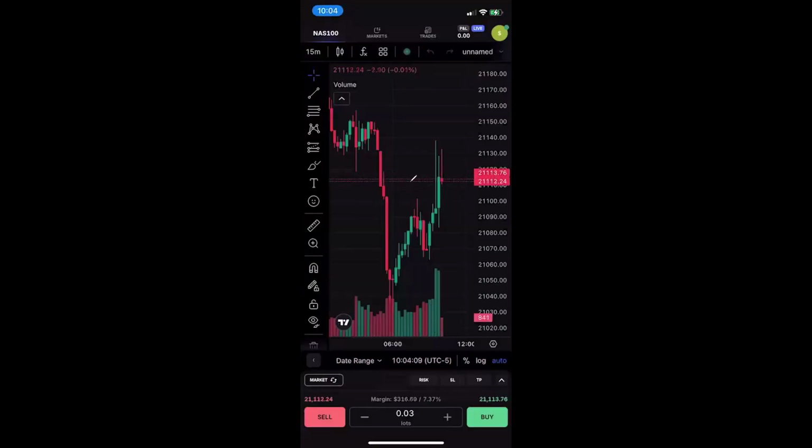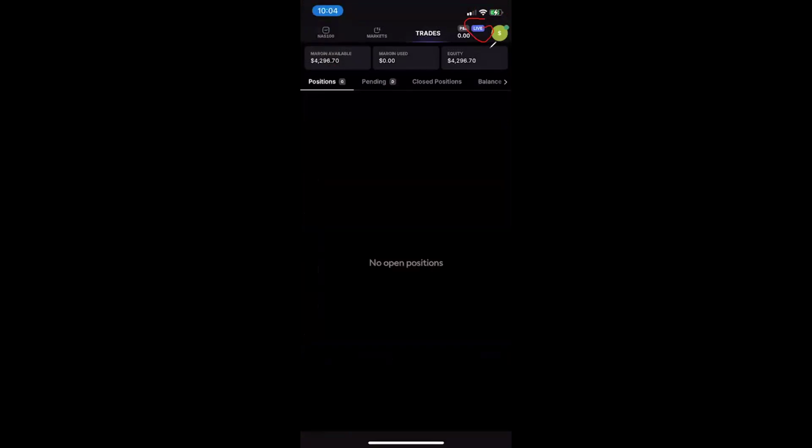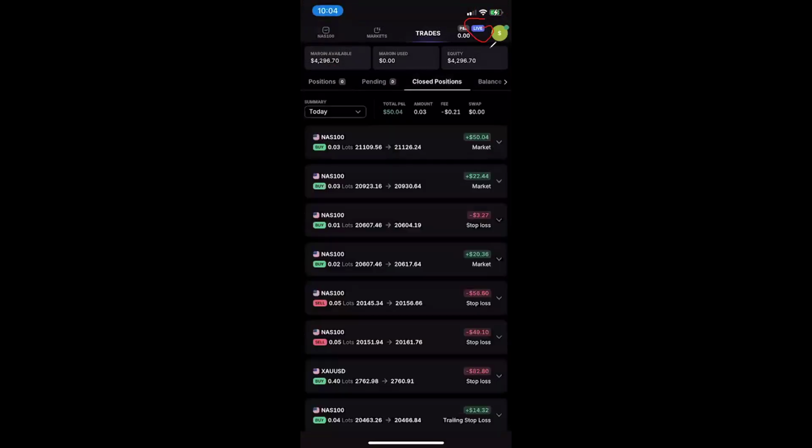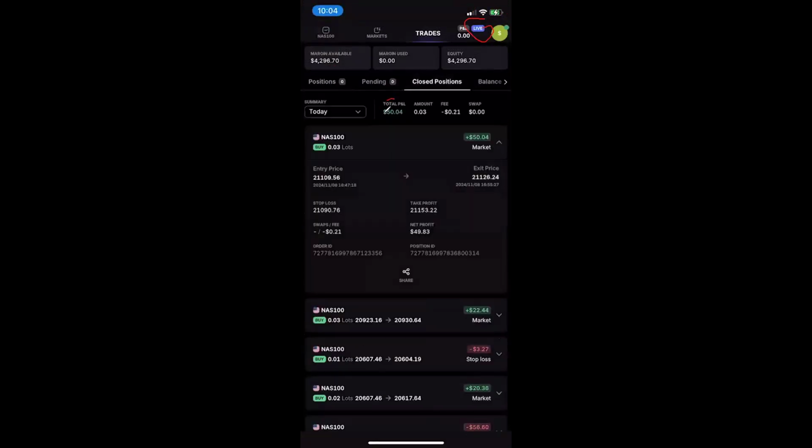All right, so as you can see, we're inside the TradeLocker app and we're on our live account, so this is real money. When we go to close positions, you can see that we made $50 today. We made $50 in this trade, so we did pretty well. Of course the net profit is 49 because we took out 21 cents, but that's fine.